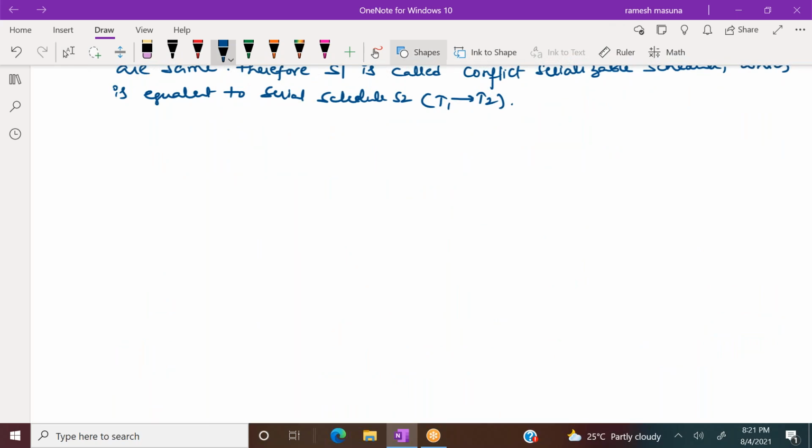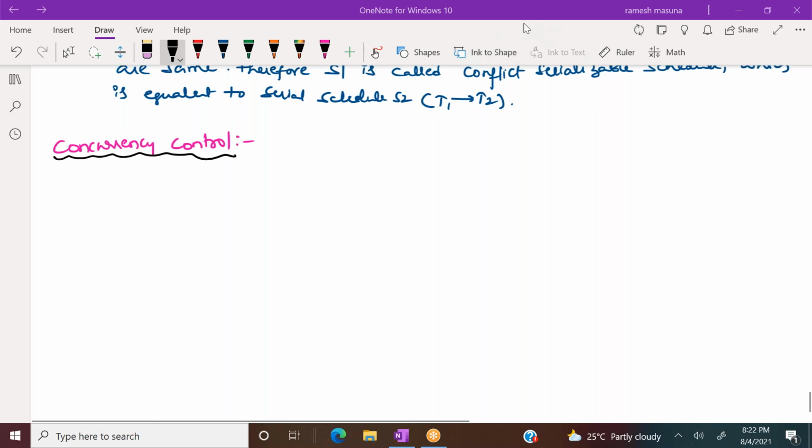It is called concurrency control. Most database systems use concurrency control protocols called lock-based protocols. Okay, the concurrency control protocols are called lock-based protocols.